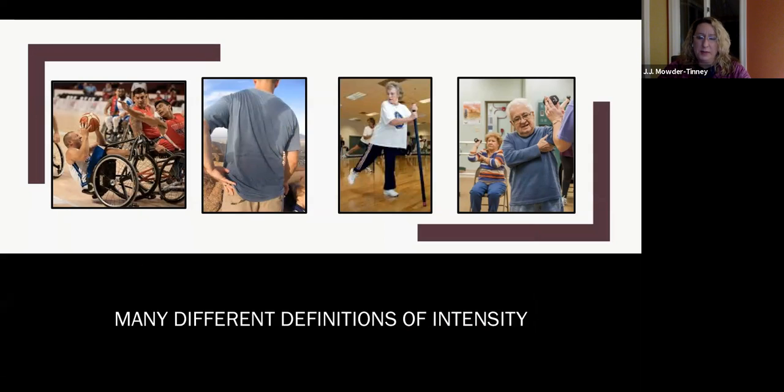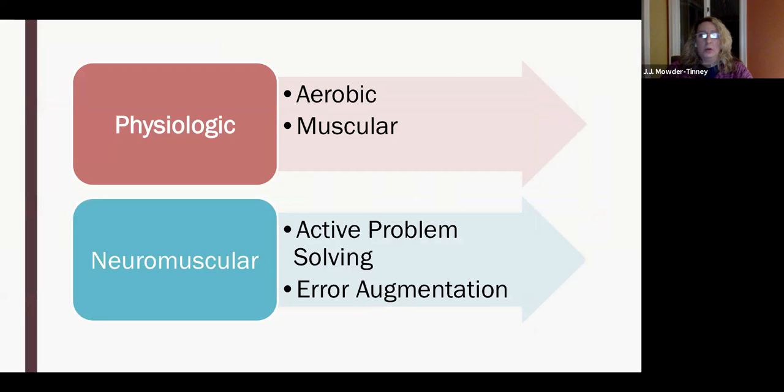I know there's lots of different definitions, and if any of you have heard me talk before, I'm not a great writer, and I'm not the best at using the proper choices of words. And so I know there's lots of different definitions, but when I think intensity in this case, I'm just thinking challenge. How are you challenging the system? Whether intensity from a standpoint of aerobic capacity, and we're trying to up the intensity, or are we challenging the muscles and we're actually going to strengthen them versus just have them move back and forth for 30 reps and not achieve anything?